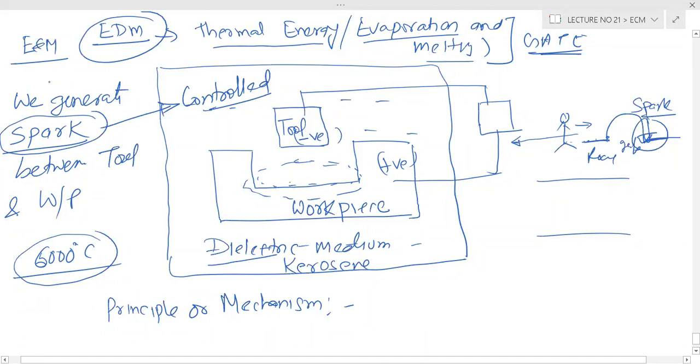In ECM, it is electrolyte. In abrasive jet machining, it is air. In ultrasonic machining, it is slurry. In electric discharge machining, it is dielectric. Are you all getting my point? Is everybody following me?